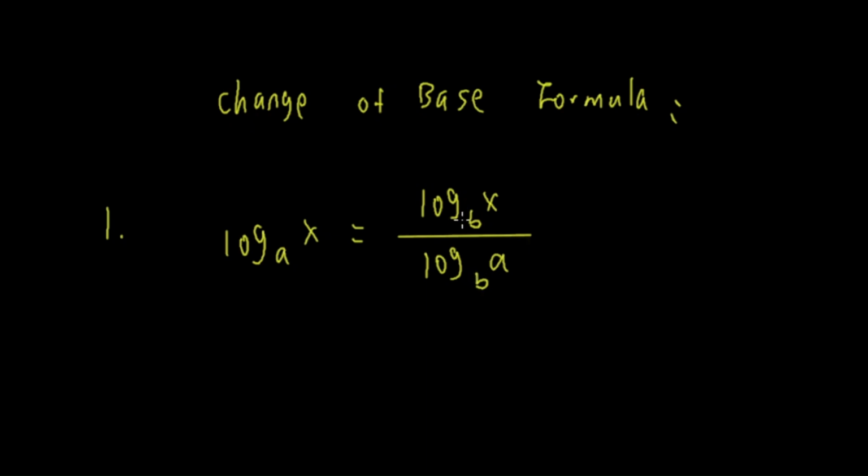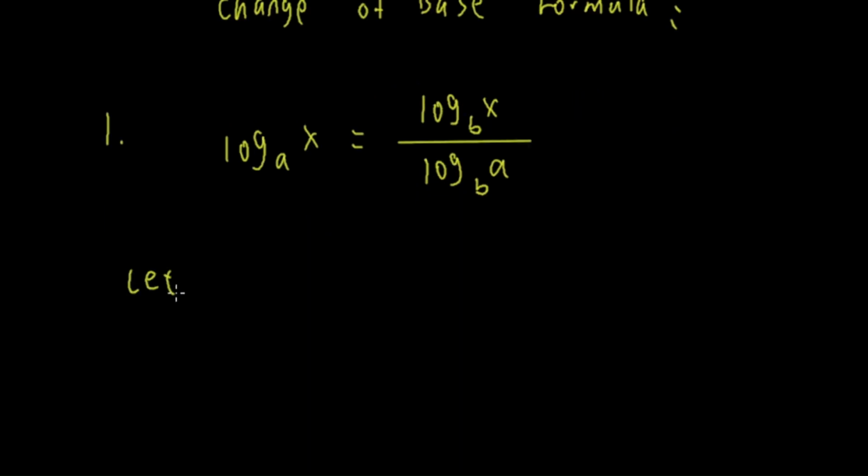Notice that on this side, this is x and this is a, and the base will be the same on this side. So it doesn't matter what this base b is, as long as they're the same, then this will equal to this side. Let's prove this.